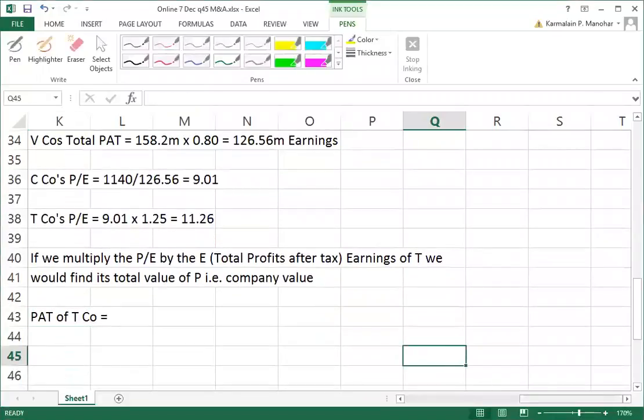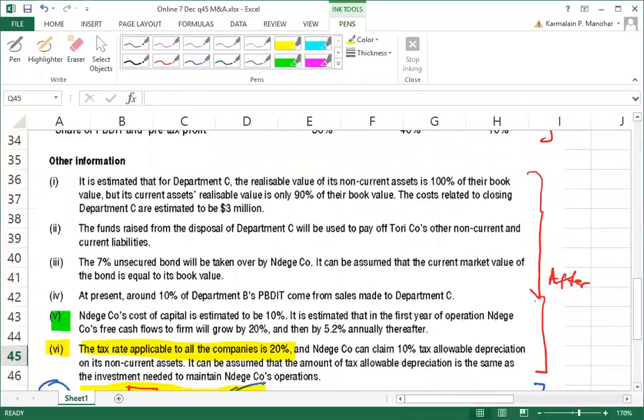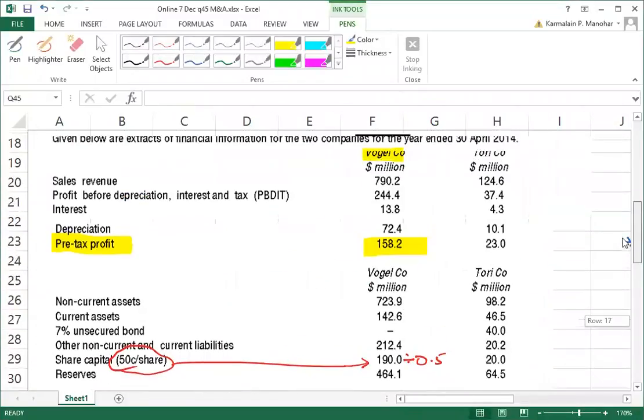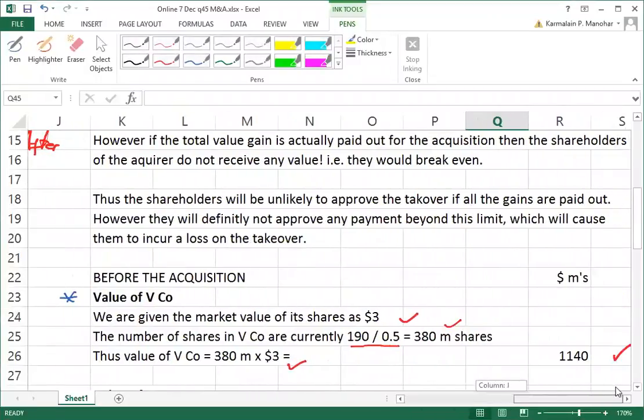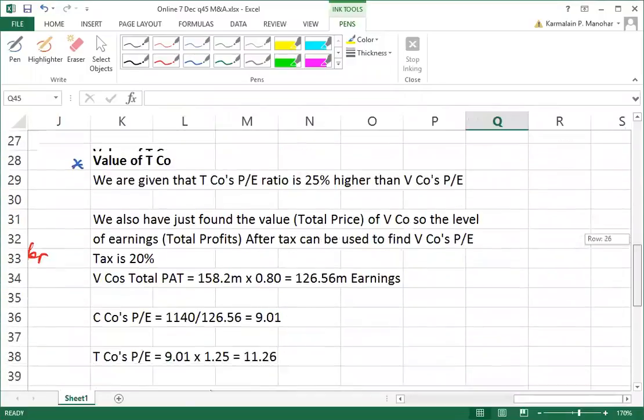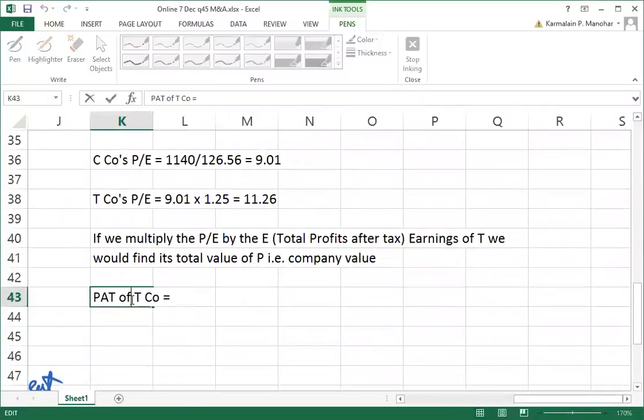What are the profits of TICO? The profits of TICO were given in the income statement extracts up here, and profit pre-tax was 23 million. So using that 23 million, after tax, to find PAT of TICO equals 23 million times 0.8, which is 18.4.